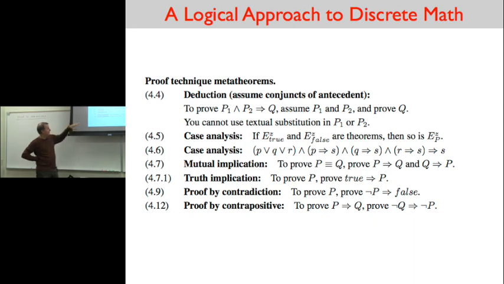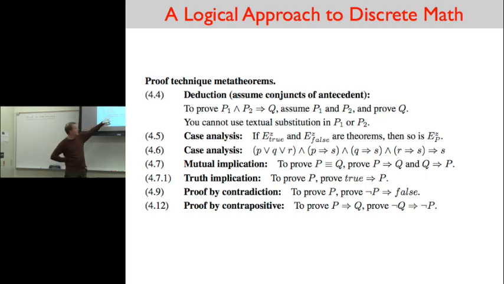It says, if E with Z replaced by true and E with Z replaced by false are theorems, then so is E with Z replaced by P. And so what case analysis says that we can do is, to prove a theorem, we can break it up into two parts.